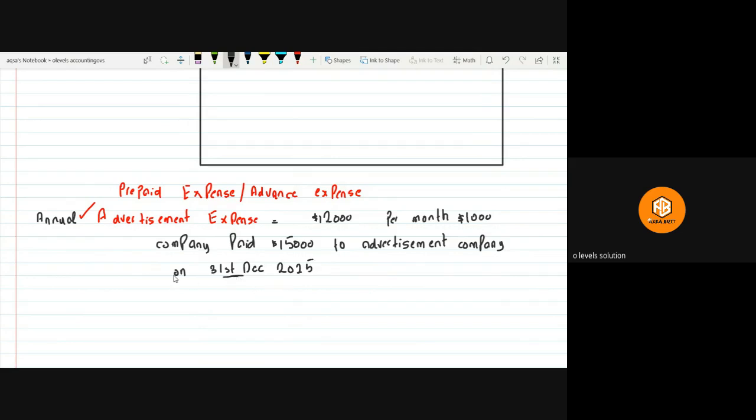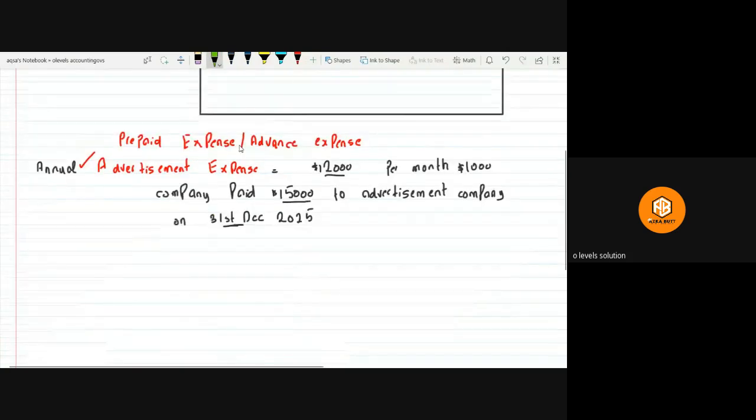Let's say this is my year end, and my year start is 1st January 2025, and my year end is 31st December 2025. But I have paid $15,000, while my annual advertisement expense is only 12,000. If we deduct 15,000 minus 12,000, it means that I have paid $3,000 extra.